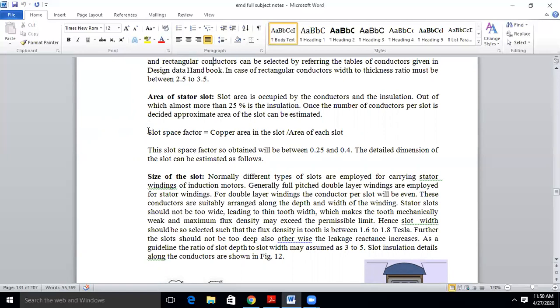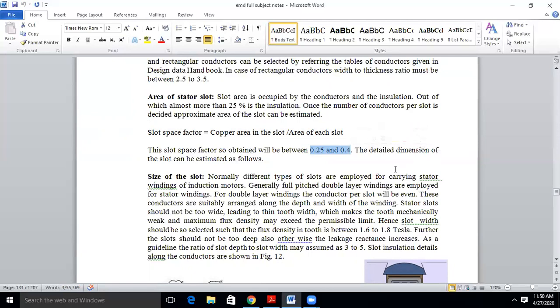We also need the slot space factor. It is given by the copper area in the slot divided by the area of each slot. The slot space factor so obtained will be between 0.25 and 0.4.